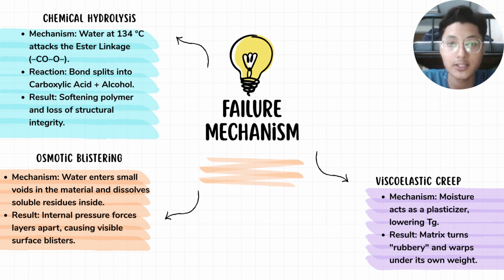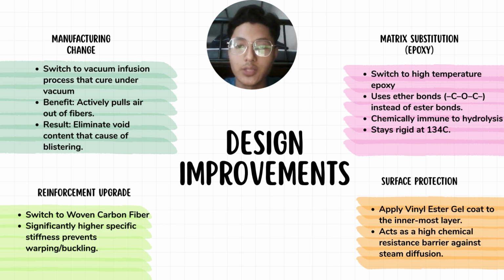So water enters voids in the material and dissolves soluble residue inside. Then it causes high internal pressure that forces layers apart. Thirdly is viscoelastic creep. So moisture acts as a plasticizer that lowers the glass transition temperature and the matrix will turn into rubbery.